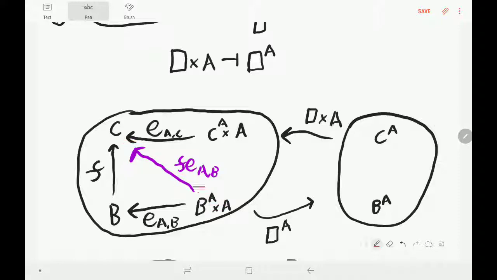And now we can think of that as a candidate arrow for going into C. So we have this true terminal morphism here involving this black arrow, E_A,C.